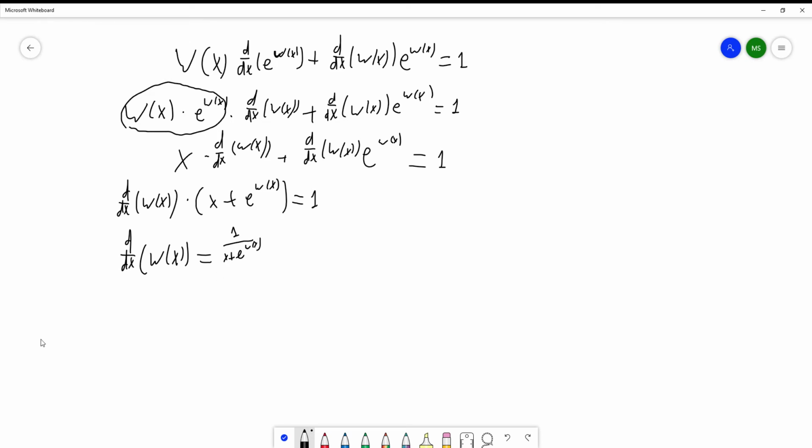But we can still simplify this. So let's multiply the top and bottom by W of x. Over here we'll just get W of x because 1 times anything is itself. This x, we just multiply by W of x, and then we add e to the W of x times the W of x, but that's by definition just x. So that's the answer.